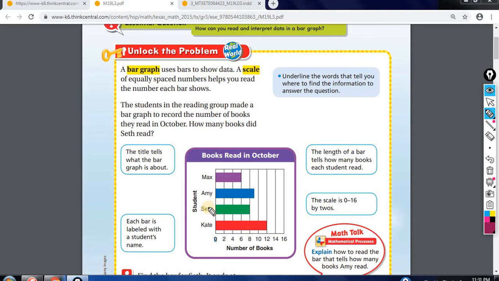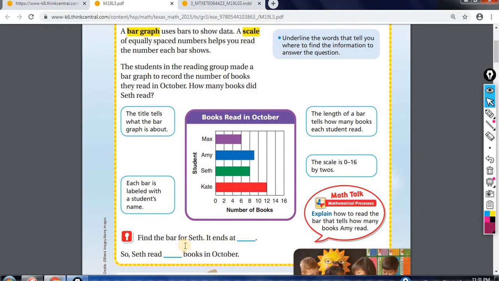That happens a lot sometimes, and I see students do it all the time. When they look at one name and then record the number for another person's, it's just a common error. So again, it's crucial you take your time with these things. So find the bar for Seth. It ends at 8. So Seth read 8 books.